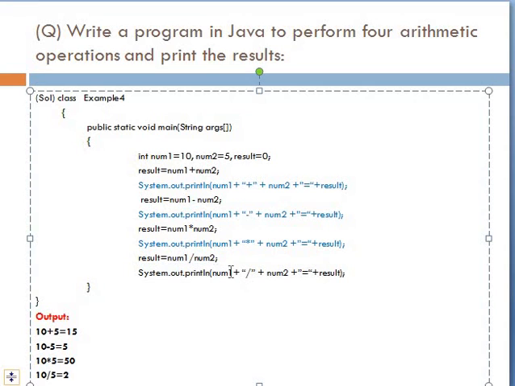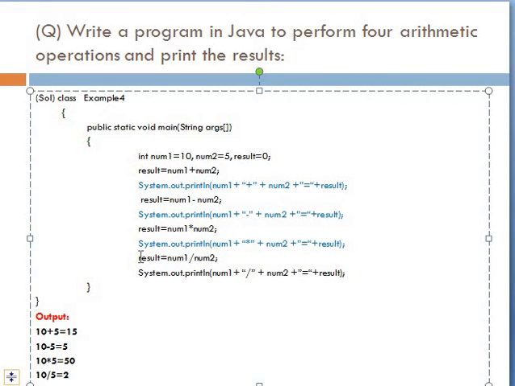Now this time the value of num1, it's 10, gets displayed here. Then the symbol slash within inverted commas gets displayed exactly as it is in the output. Then the value of the variable num2, which is 5, gets displayed here. Then the equality operator, since this is enclosed within inverted commas, gets displayed exactly as it is in the output. Then something has been added using the plus operator, and that is the value of the variable called result.